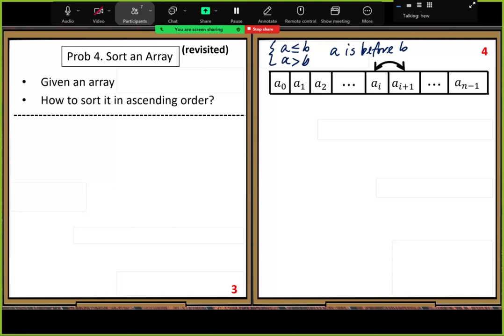That's the two locations. Then, the first case, A less than or equal to B. Second case, A greater than B. So which one would lead us closer to the destination? The whole array is ordered.